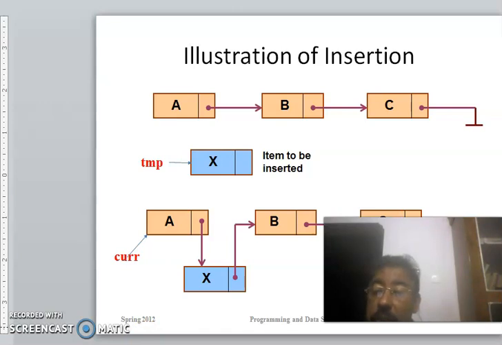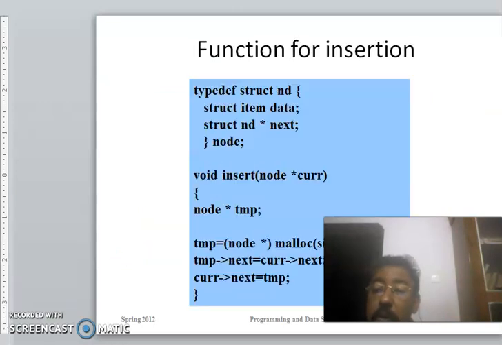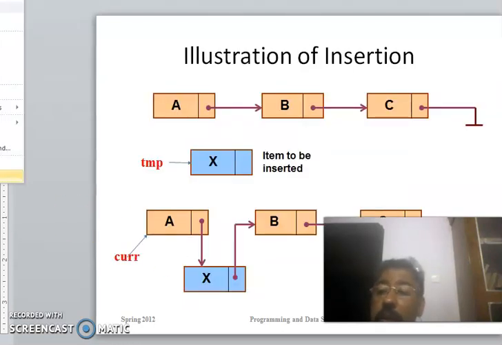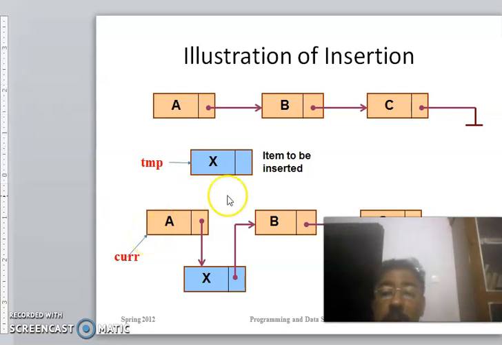Then how are we doing that insertion? First, temp next equals current next. Already temp is pointing to the item to be inserted.